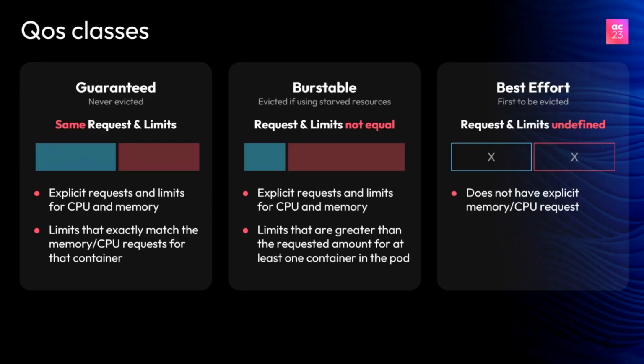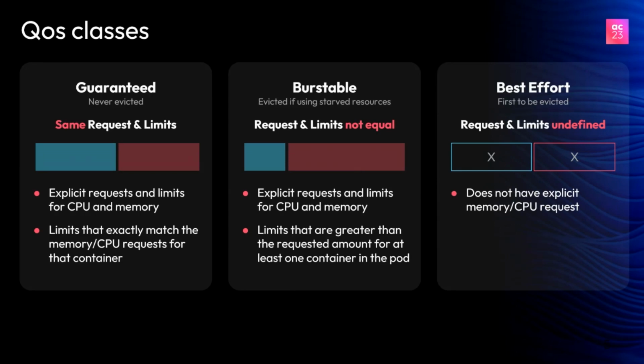Another thing that is very interesting here is eviction. When you are setting the request and the limit, you also have to see how kubelet will evict pods. There are certain guidelines, and one of the most important is the QoS classes.